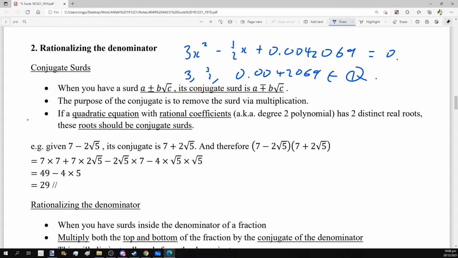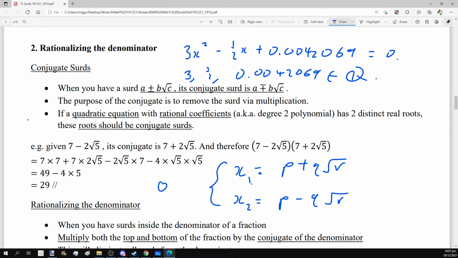And consequently, whatever the final answer is, let's say the final answer is P plus Q root R, the second final answer necessarily must be P minus Q root R. The two of them must be conjugate surds, no matter what. There's no running away from this.